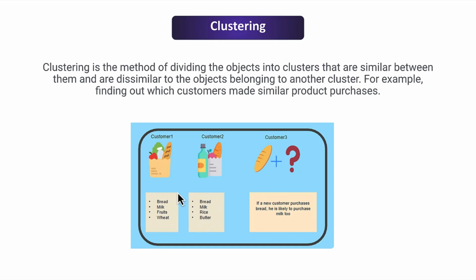Based upon our observation, we can see if the customer has bought bread, then he is most likely to buy milk too. And the same is the case with thousands of other products. So after getting the data of a lot of customers and passing it to our algorithm, we can get to know which items are bought frequently together.